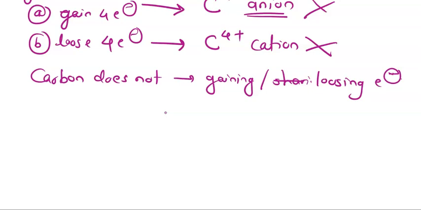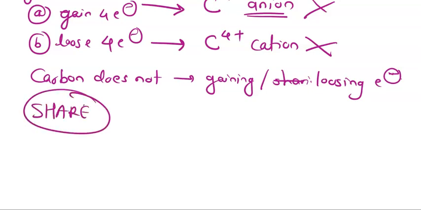What is the remaining option? Yes, carbon will share the electrons. Sharing is caring, right? So carbon overcomes this problem by sharing its valence electrons with other atoms, either carbon or any other atom. Not just carbon, but many other elements form molecules by sharing electrons in this manner.